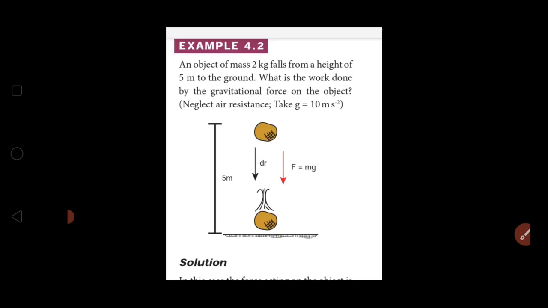The picture is clear: one object falls from a height to the ground, the total height is given as 5 meter, dr is also given, the mass is 2 kg, and F is equal to mg, the gravitational force. We are going to solve this problem.